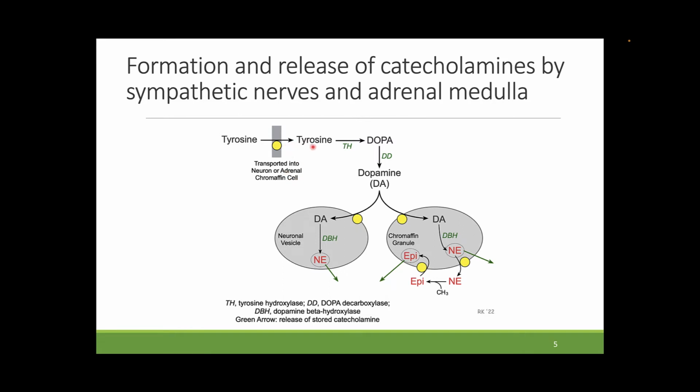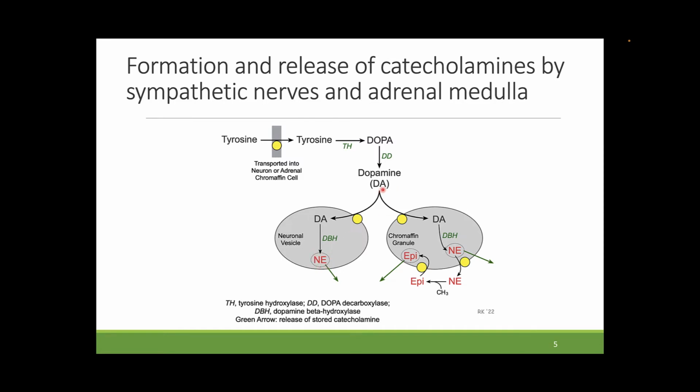Once this tyrosine is in the cytoplasm, it can then be converted by tyrosine hydroxylase to L-DOPA, and then DOPA can be decarboxylated to dopamine. Dopamine then can be transported into neuronal vesicles, as shown here, acted upon by an enzyme called dopamine beta hydroxylase to form norepinephrine.